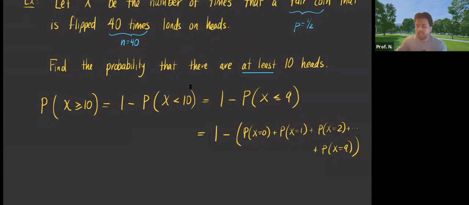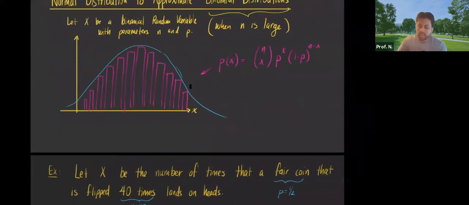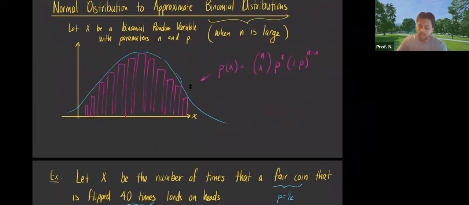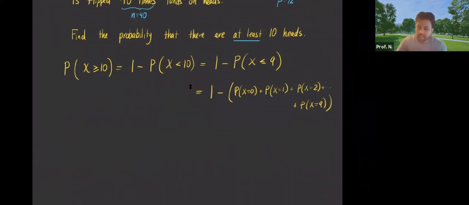So the idea is, you know what? I don't want to be doing this every single time. I want to find a way. Is there a better way? And actually, there is. And that's if you approximate it using the normal distribution. Because, like we just saw with this little diagram, the larger n becomes, the more the probability mass function takes the form of the normal distribution. So then what we're going to do is approximate. This would be the exact probability up here.